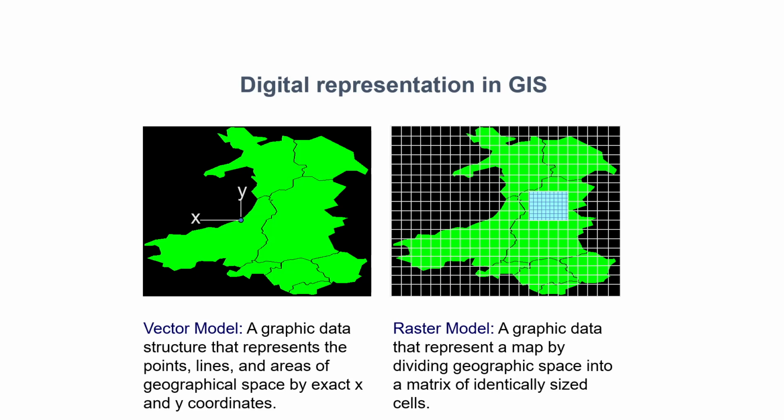We also have two approaches to modeling, vector model and raster model. While the vector model is a combination of points, lines, and areas, the raster model is graphic data that represents a map by dividing geographic space into a matrix of identically sized cells. The photo image from your smartphone is also a raster model.